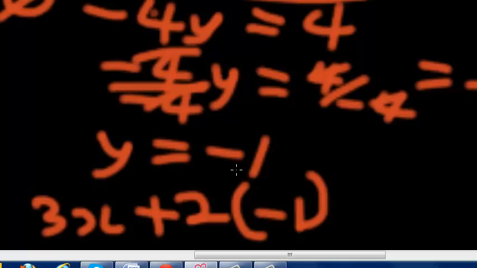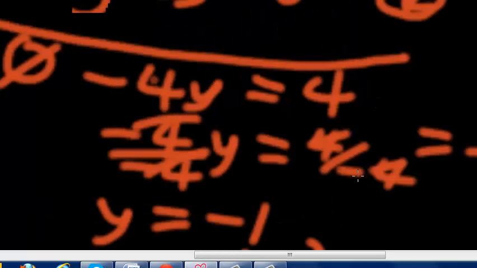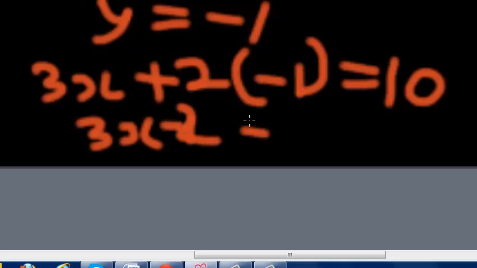So we put the value of y here is equals to 10. So 3x plus times minus is minus. Minus 2 is equals to 10.